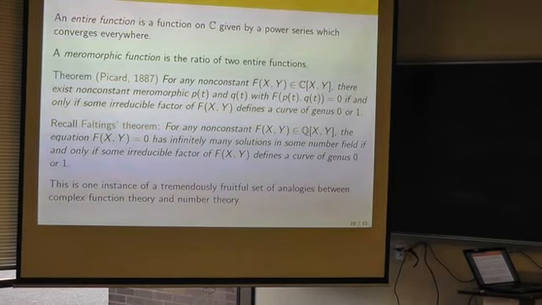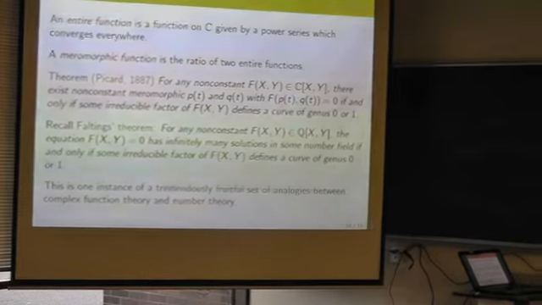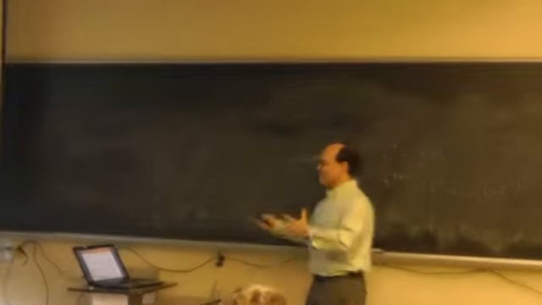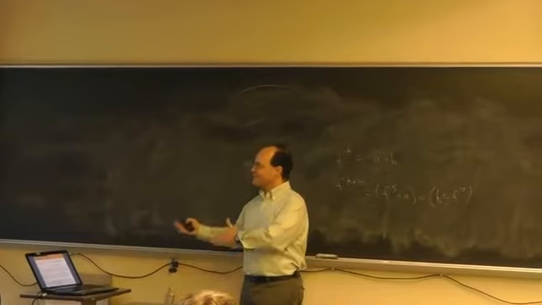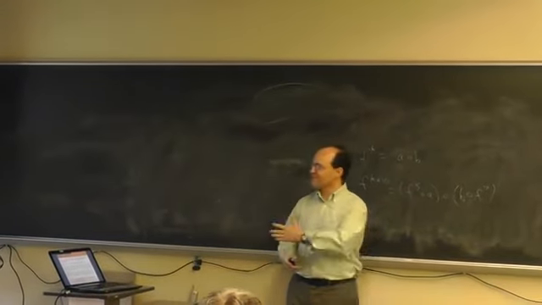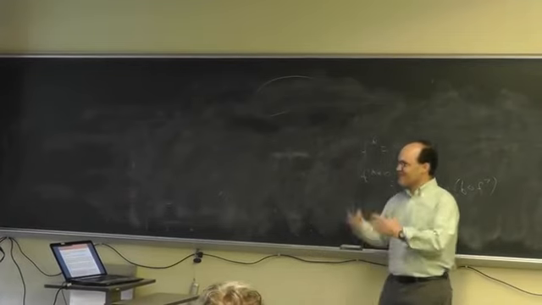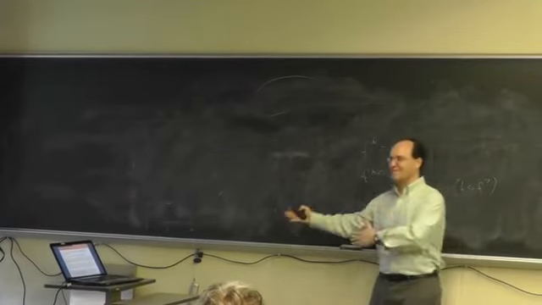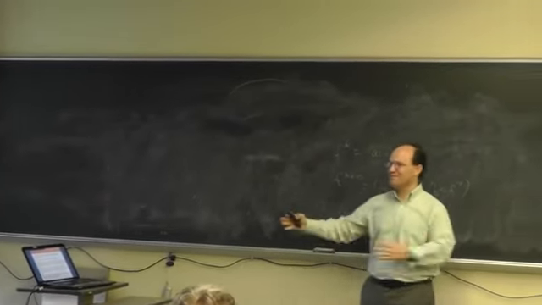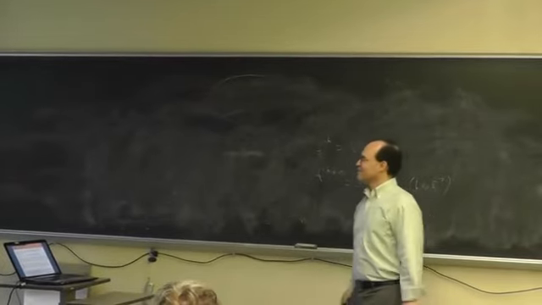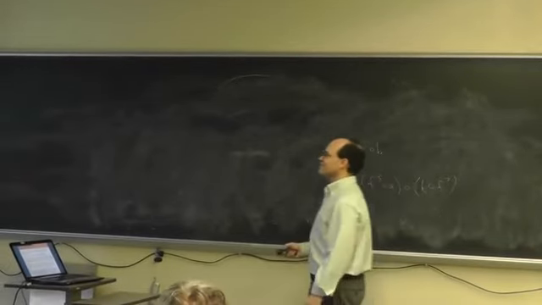It's not actually known that this is not an accident, but there's a whole slew of related things that seem to be true. There are these incredible parallels between results in complex function theory and number theory. There's a precise dictionary for going back and forth. But so far, there are no theorems that actually say you can go back and forth. The statements of the results carry over, but you need different methods of proof. But just to give a little sense of that.